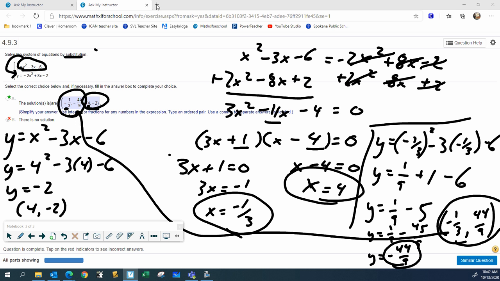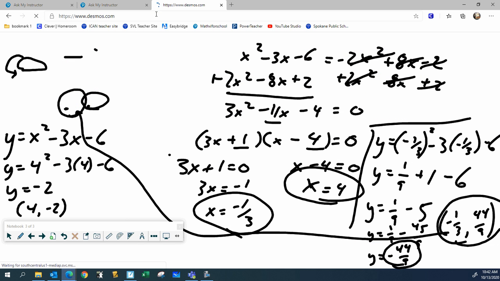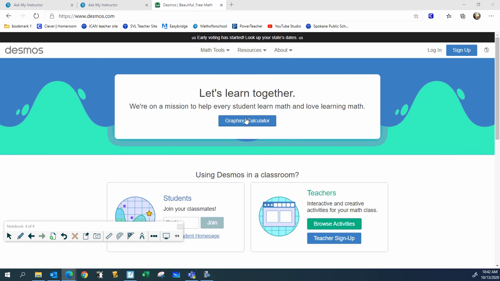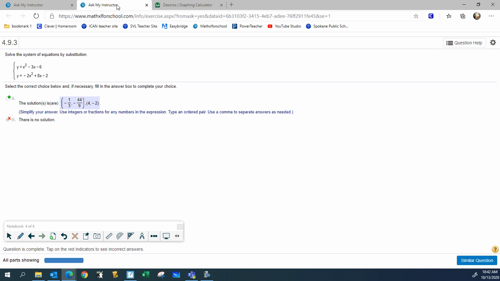So if you go to desmos.com and you type these in, it's not necessarily going to be solving by substitution, but still super cool. So the first one's y equals x squared minus 3x minus 6.